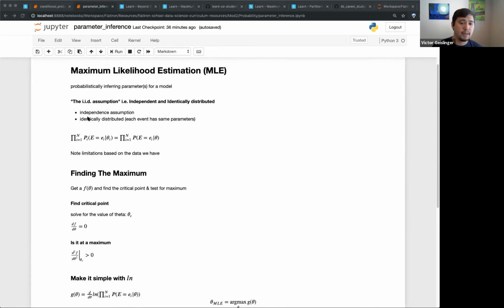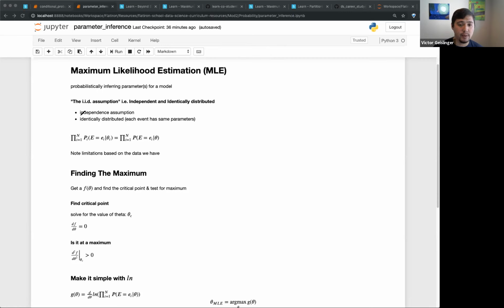So first, independence. Events have to be independent from each other; one thing isn't affecting the next one. I like to say that nothing is really independent when you really think about it, the world's never really independent. But to an approximation, we can ask whether it actually affects this. Me flipping a coin and flipping another coin isn't going to affect each other directly, at least not to a degree that we would care about.